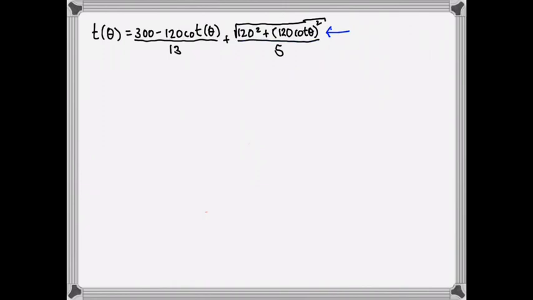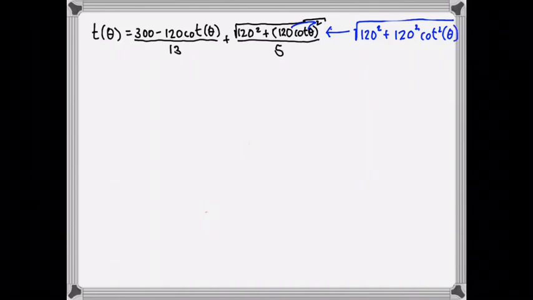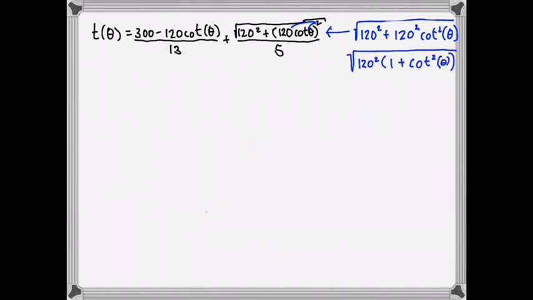So is it fair to say that we have the square root of 120 squared plus, and if I'm going to put this into both of those, I can get 120 squared cotangent squared theta. Okay, just like that. Now from there, I can factor out the 120 squared, like that guy. So the 120 squared comes out of here and here.